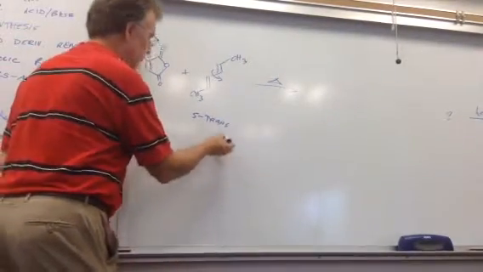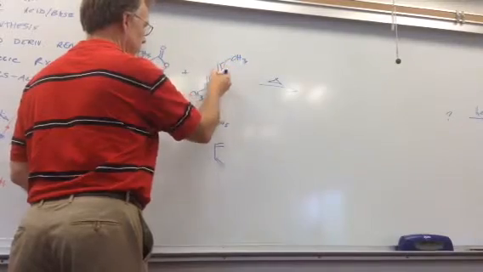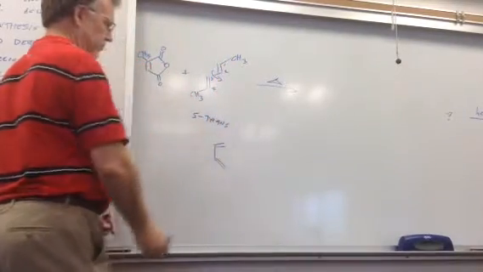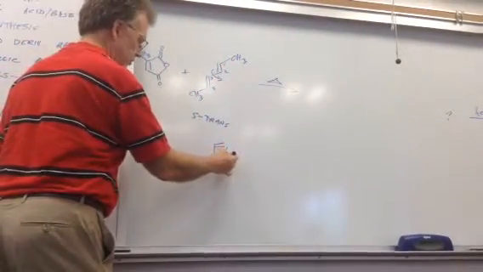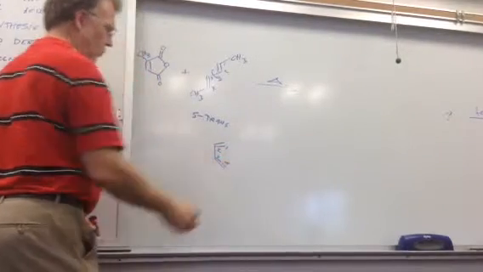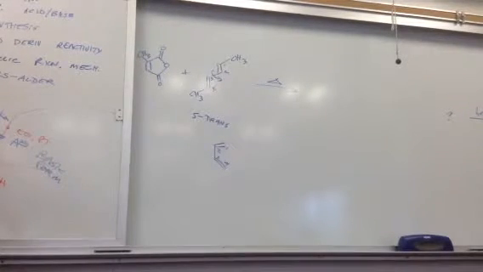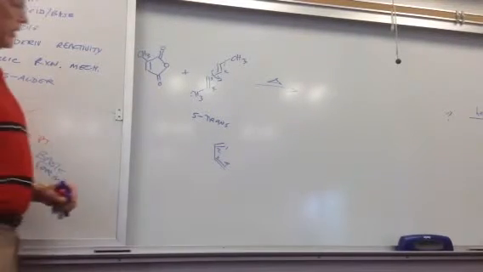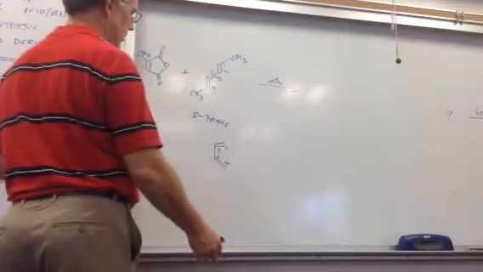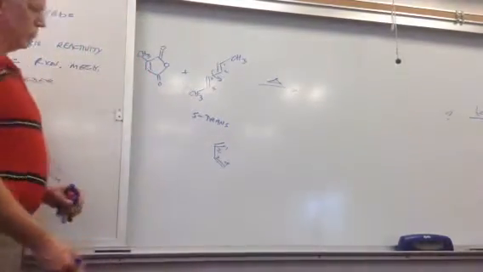So what's going to be off of, let's see, 1, 2, 3, 4. What do we have to do to carbon number 1? Okay, I got to put a methyl group on it. And where's that methyl group going to be?